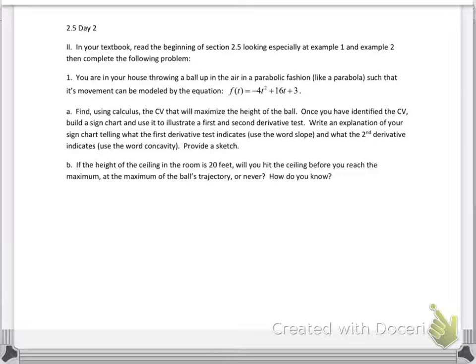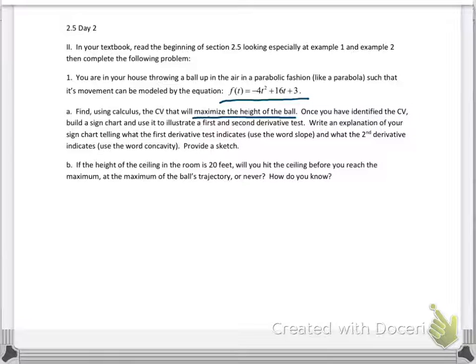So you are in your house throwing a ball up in the air in a parabolic fashion, like a parabola, such that its movement can be modeled by this quadratic expression. Find using calculus the CV that will maximize the height of the ball. Okay, so we're going to maximize the height of the ball.